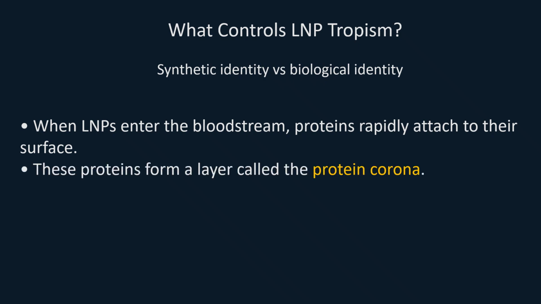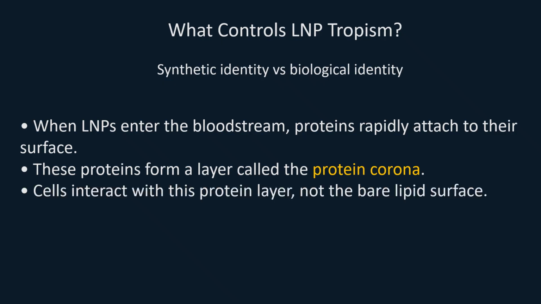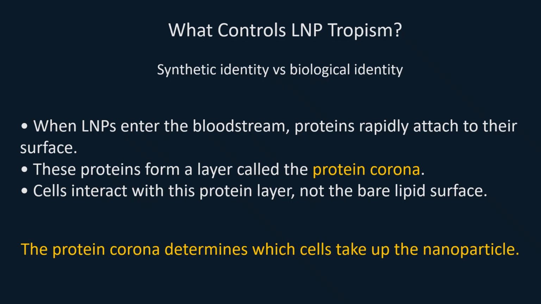Cells in the body do not interact with the bare lipids that were designed in the lab. They interact with the proteins attached to the particle. So that means the protein corona becomes the biological identity of the particle. That means the composition of the corona strongly influences which organs take up the particle.